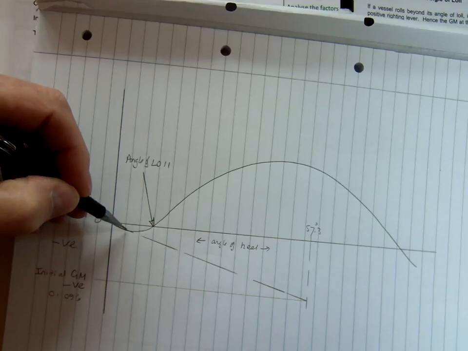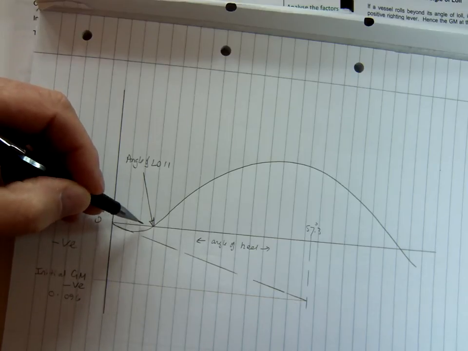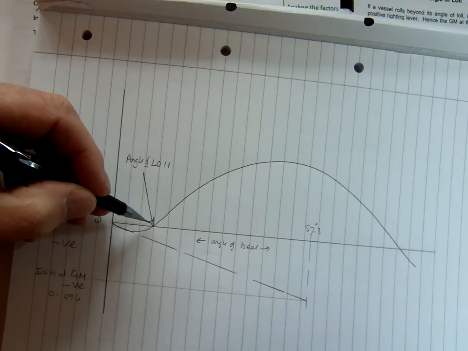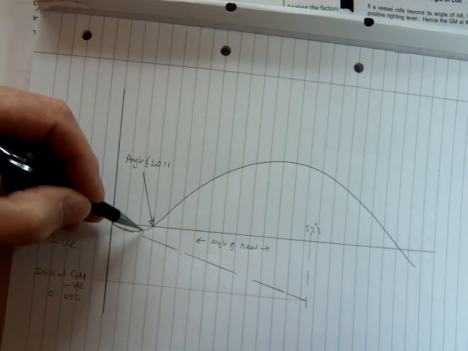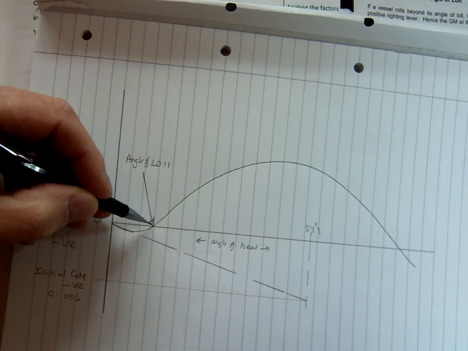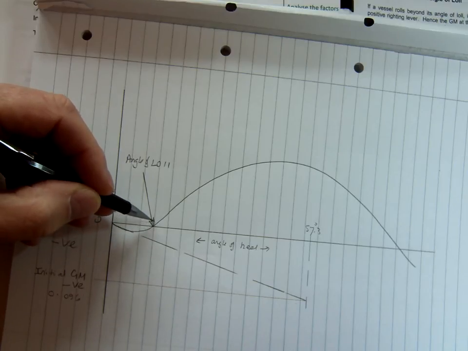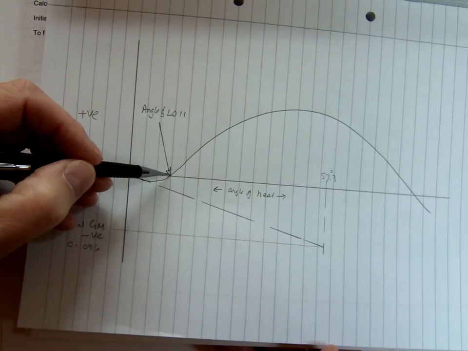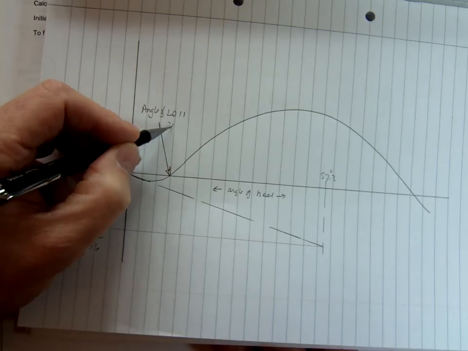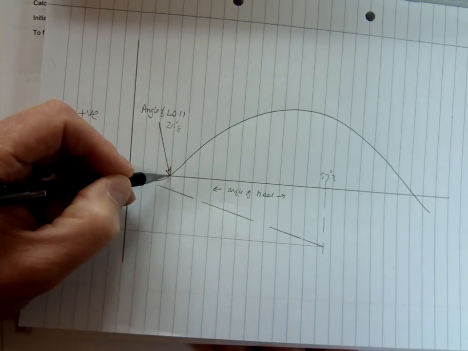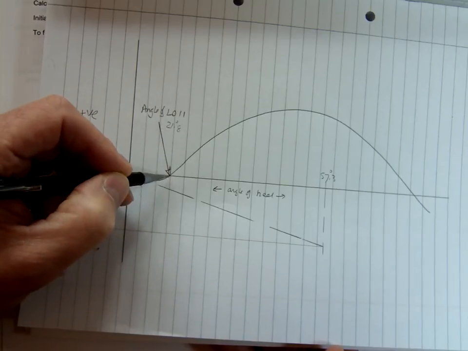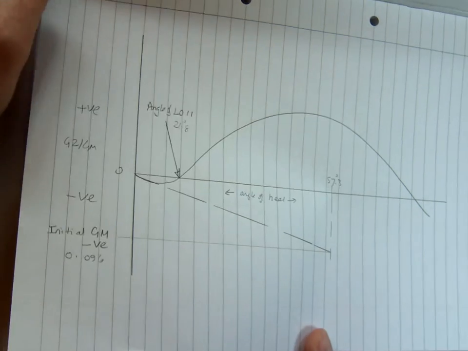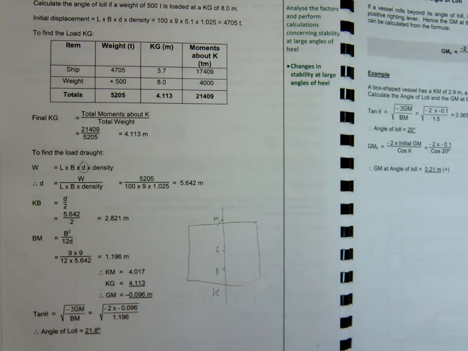Then as the vessel heels over, at some point the water plane area will change. This isn't something that you need to get too involved in, but that changes and the metacentre will change and the vessel will settle at this angle of loll. And we've calculated that at 21.8 degrees. That will be the angle of loll for the vessel, and she'll settle at that angle. And that's how we solve that particular one.